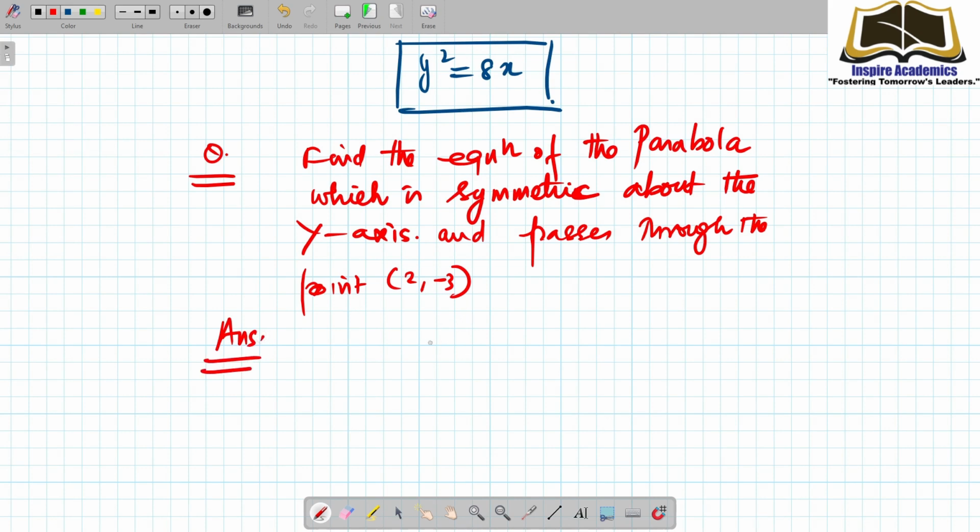So सबसे पहले देखते हैं कि find the equation of a parabola which is symmetric about the y-axis. तो सबसे पहले y-axis symmetry है, so y dash x dash.